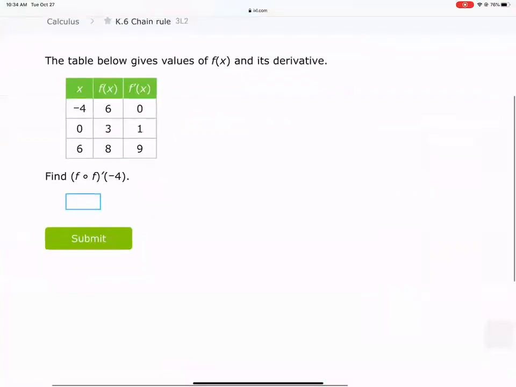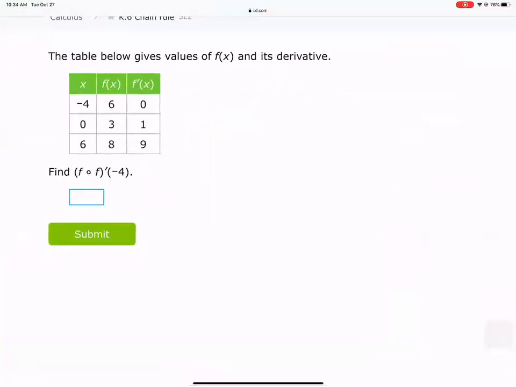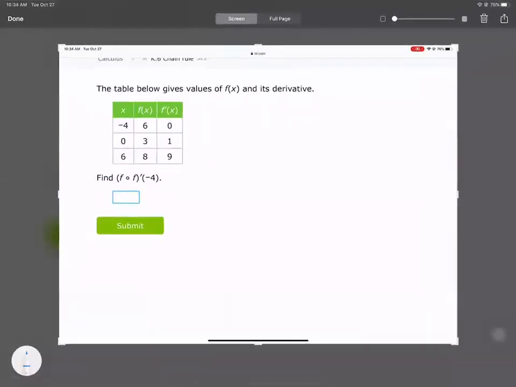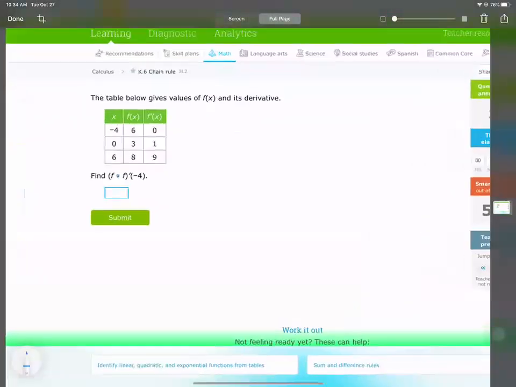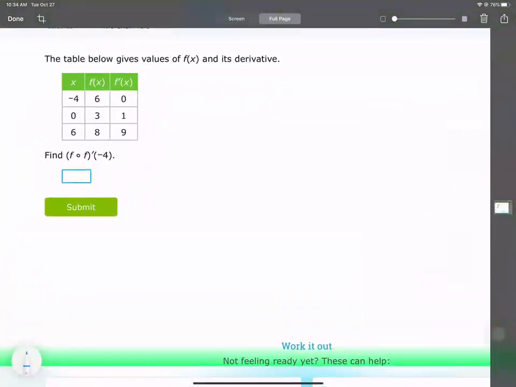Okay, so this one's a little tricky because it's itself. Let's see if you guys can figure this out. I'm going to give you guys a moment, and I will catch up to you.